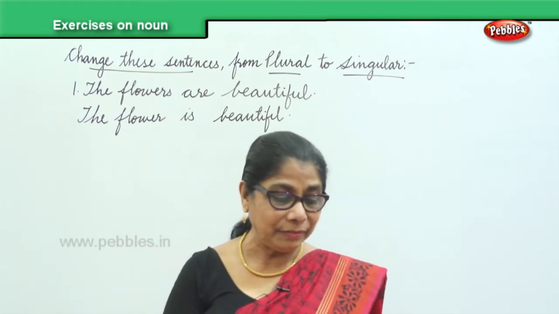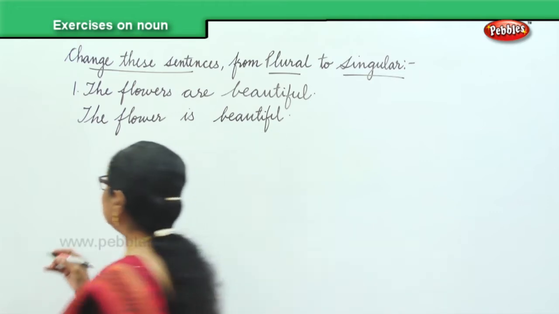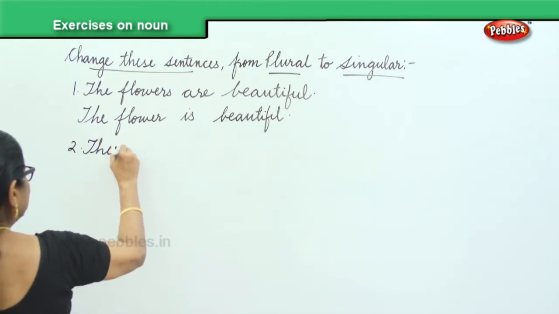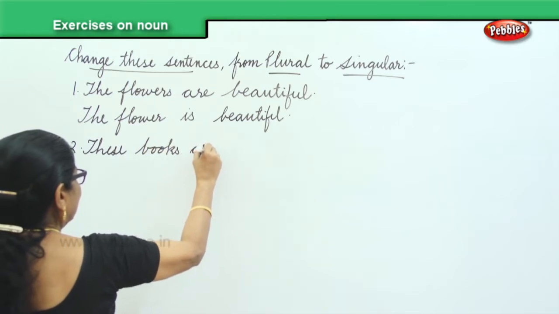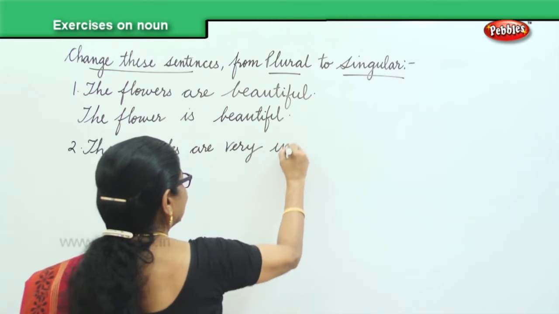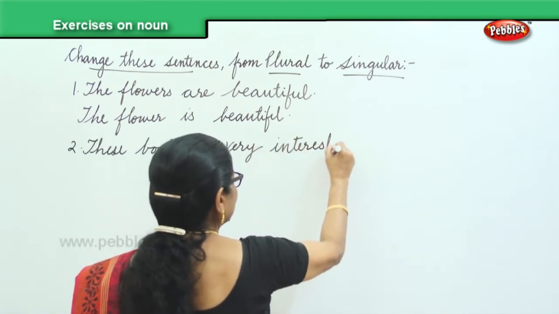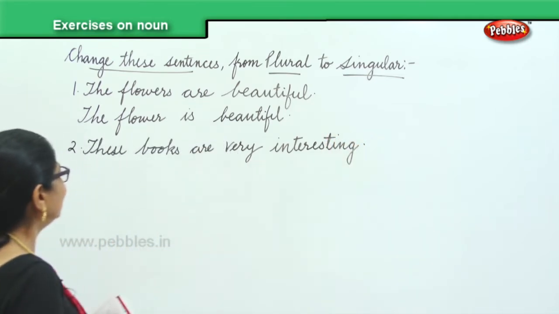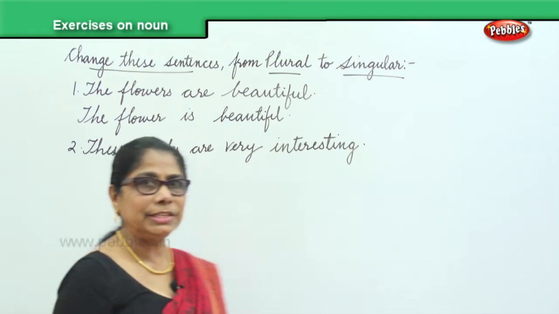The next sentence I have here is, these books are very interesting. You have here these and books and are. All these need to be changed.